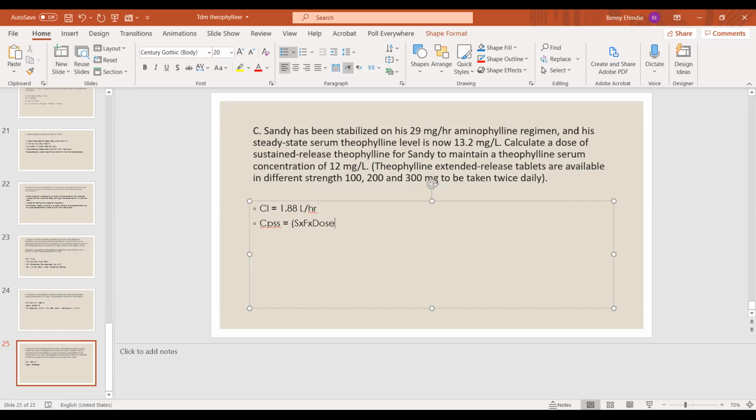Yeah, just now we use IR. IR is actually dose divided by tau. So divide by S times F, clearance times tau.